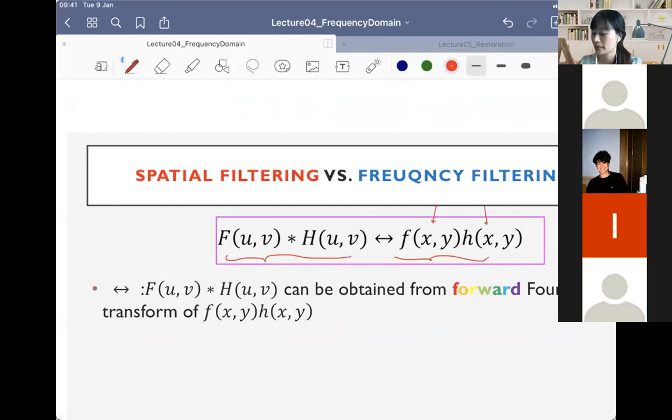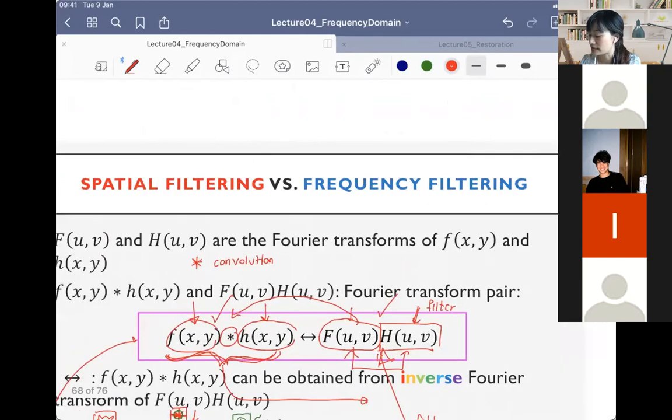But we don't really use this one. We mostly use multiplication in frequency, because it is very easy to design the filter in the frequency domain, like the ideal low pass, the Butterworth low pass, and Gaussian, something like that.